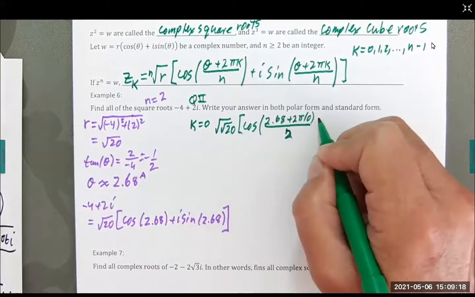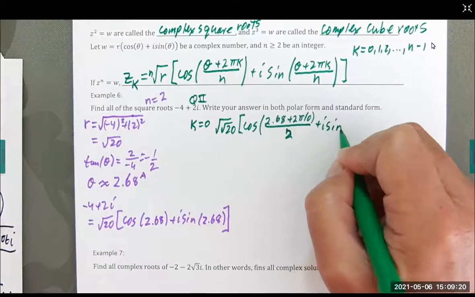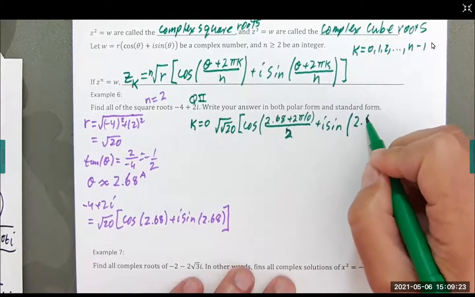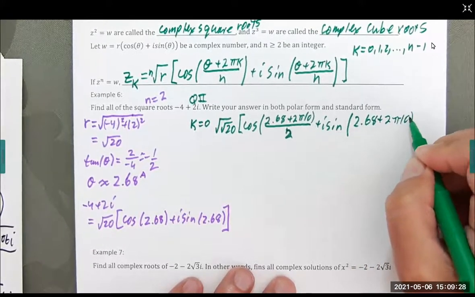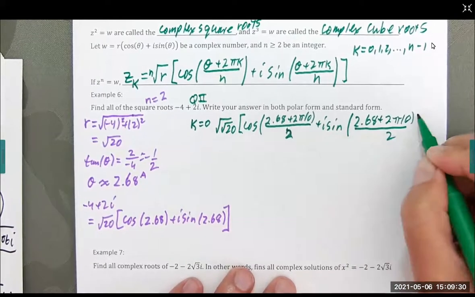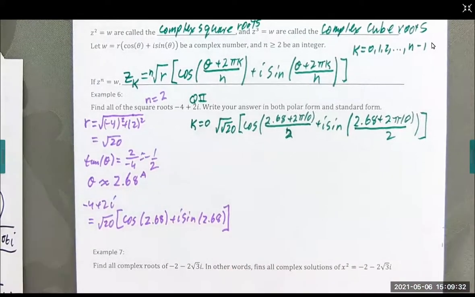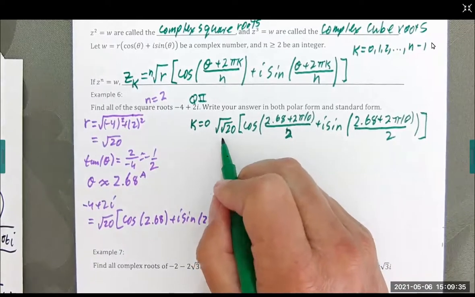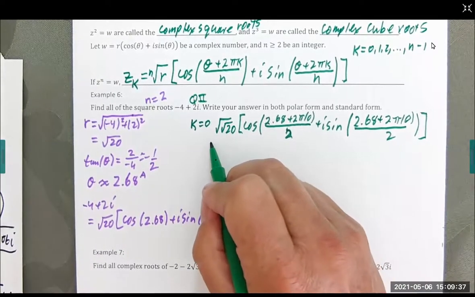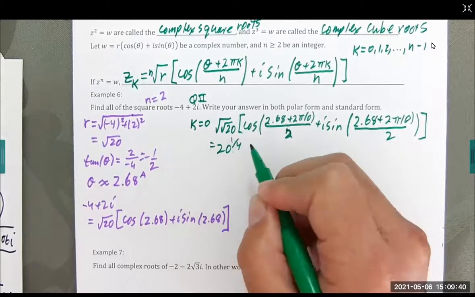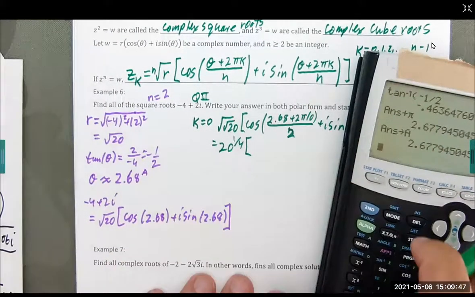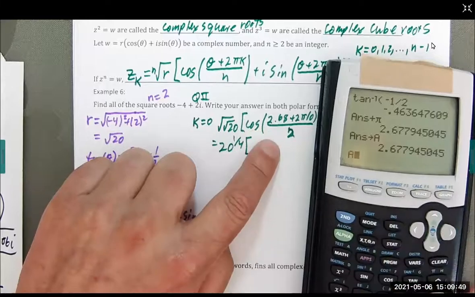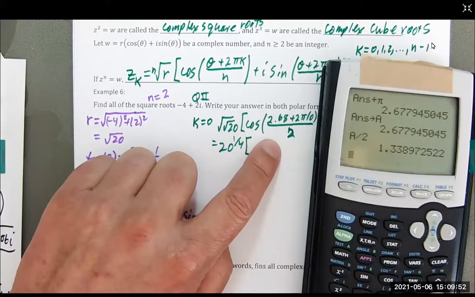So the square root of the square root becomes 20 to the 1/4 power. Because that's 0, that's gone. So this is just A divided by 2. And I'm going to store that as B.